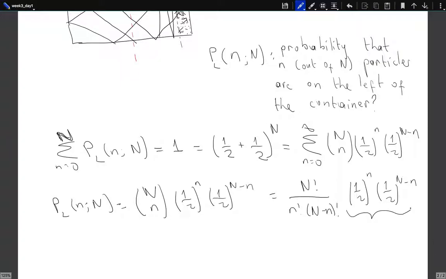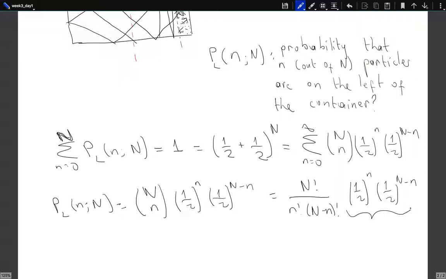Let's look at this factor. Given that we know which particles are on the left, n of them are. So for each one, the probability that they are on the left is 1 over 2. So we know that if small n of them are on the left, the probability is just 1 over 2 to the power n. But we are also saying that the remaining particles are not on the left. So we are actually saying that small n of the particles are on the left and the remaining particles are on the right, or not on the left.